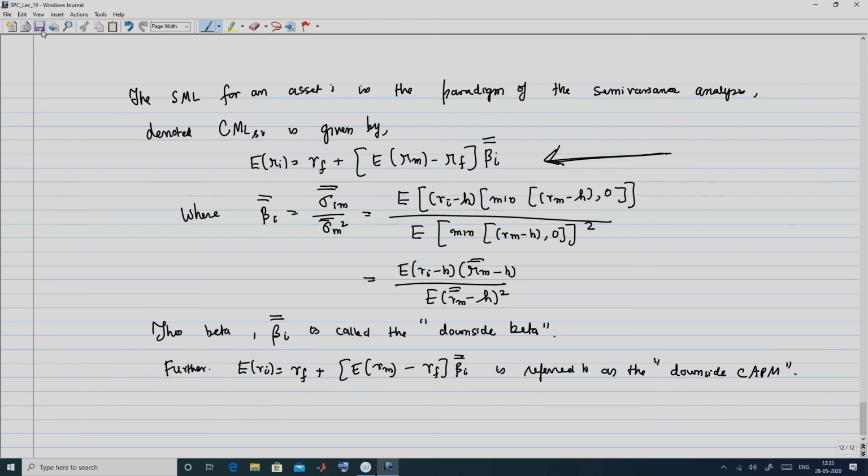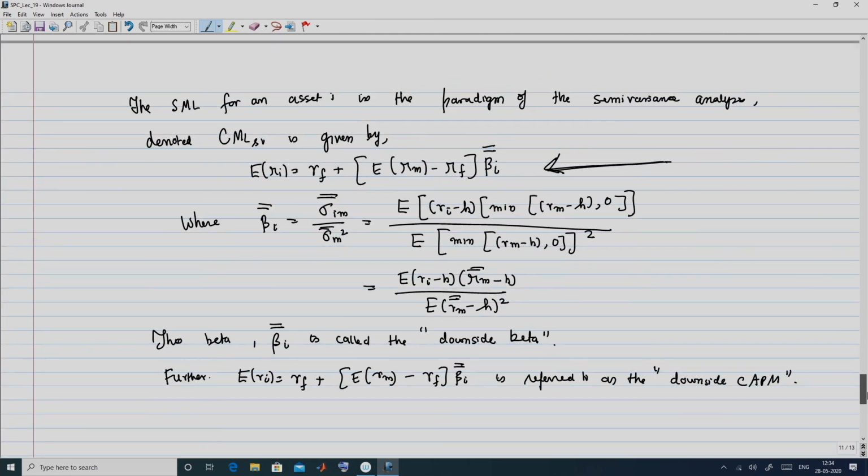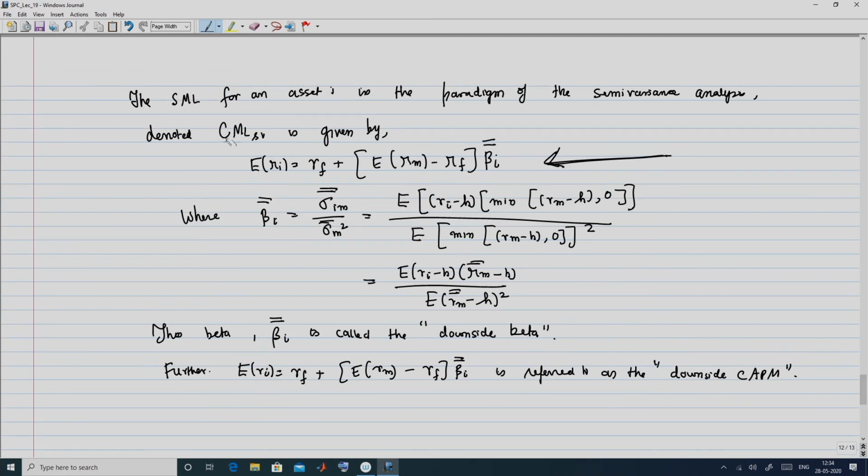So, graphically this is what it is going to look like. I will have to consider this in the beta double prime double bar plane against E of R, and this SML, which I will denote as SML. So, here please make a correction, this should be SML SV.